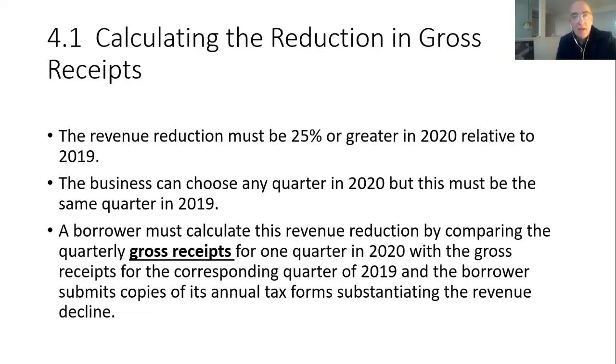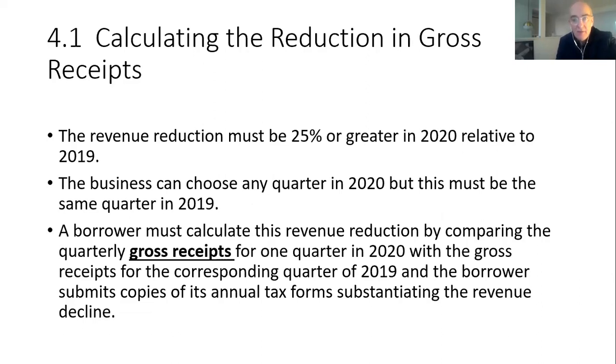So the calculation of the reduction is based on your figures that you have presented either through your tax return for 2019, you may be preparing it now for 2020, but certainly your own financial reports using software like QuickBooks or other means of reporting on your profit and loss statement, whether that's by spreadsheet.